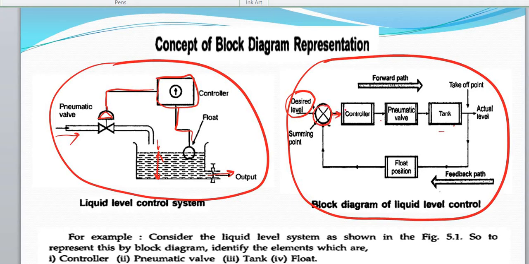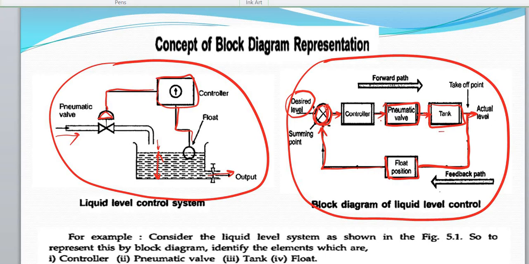Then the signal goes to the controller to increase or decrease the valve opening, operating the pneumatic valve, and that will give liquid to the tank, and the actual level of liquid is the output. From here, the signal is taken off for feedback, that is through the float position, and the float position is also given as input to this summing point.